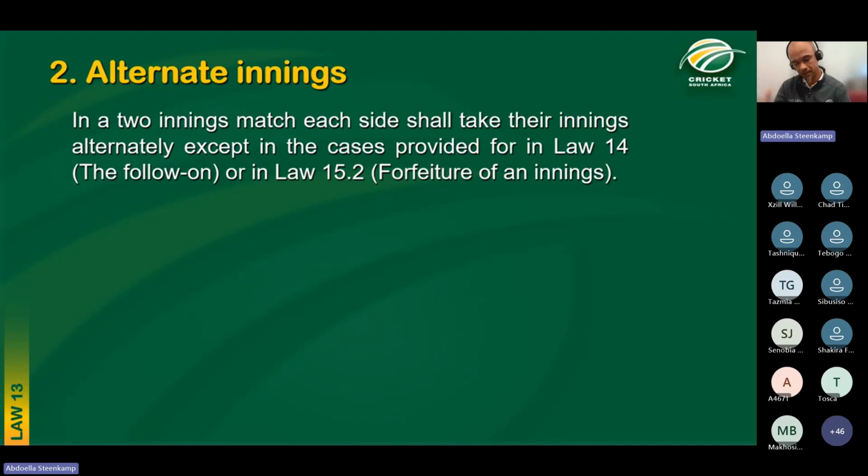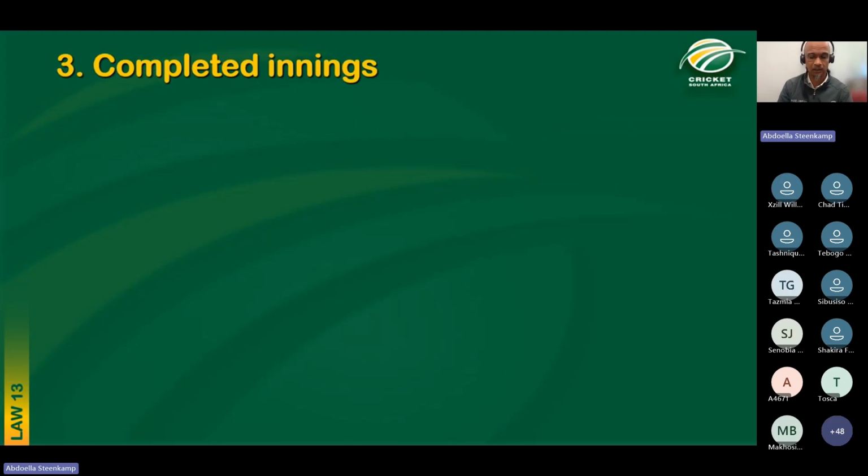Then after that, Pakistan to go bat again, and then after that, South Africa to go bat again. Innings needs to be taken alternately. There are exceptions, and we'll get to it when we do law 14 and 15, because we can have a follow-on, and we can have a forfeit of an innings. But usually, innings is to be taken alternately.